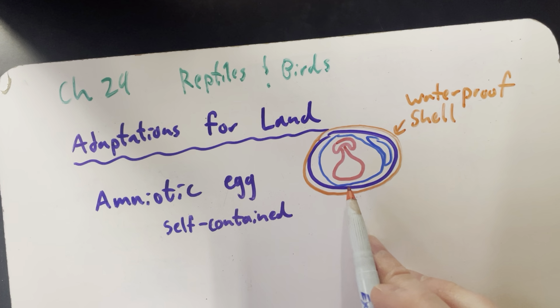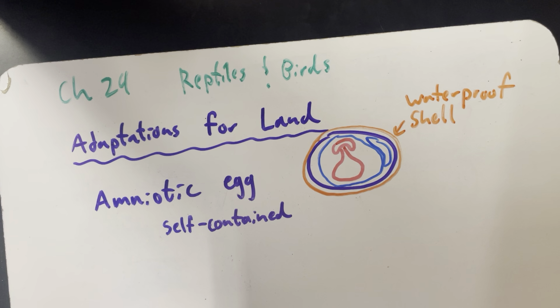That's why you can have organisms live in the desert, like turtles and reptiles and snakes, because they have these amniotic eggs.